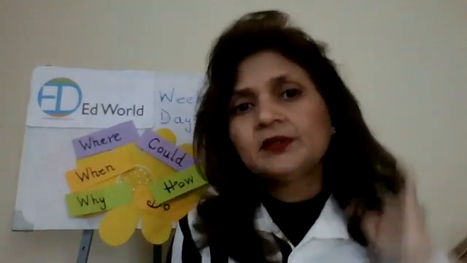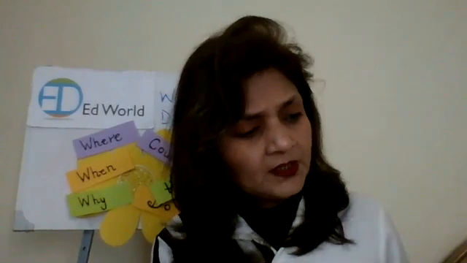Now, what I want you to do is you have read the poem in your unit 3, that is, I Wouldn't. You know the poem, right? It was about a cat and a mice, right?